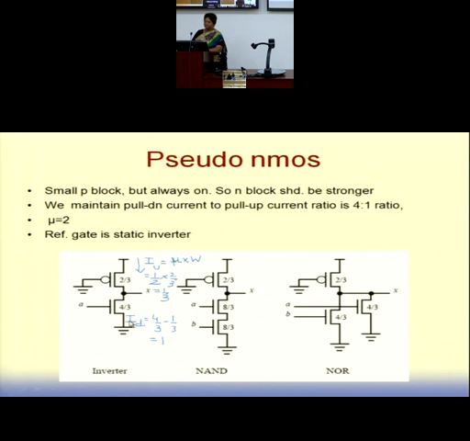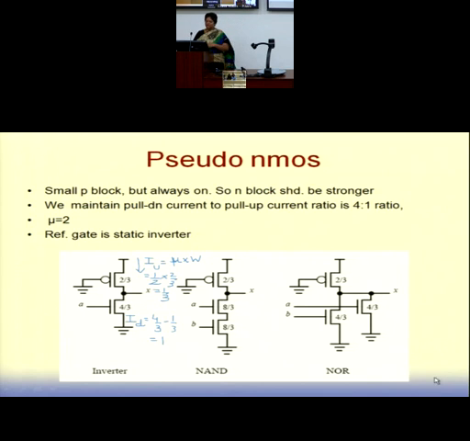So if I assume mu to be 1 here, then the current for this pull down will be proportional to mu into W by L. So mu is 1, W by L is 4/3. So current of this transistor will be proportional to 4/3.